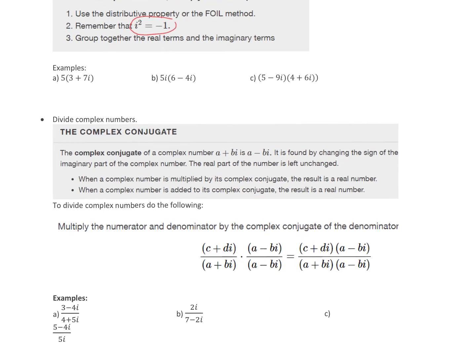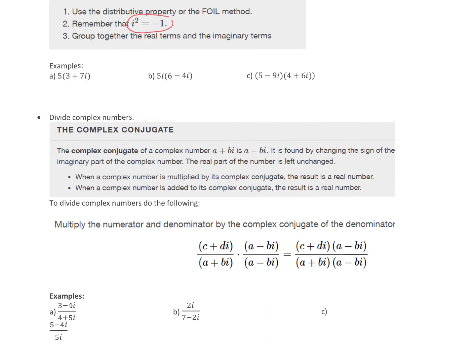So starting with this first example, we're just going to distribute this 5 through, and we'll get 5 times 3, which is 15. 5 times 7 is 35i. So simple distributive property there.